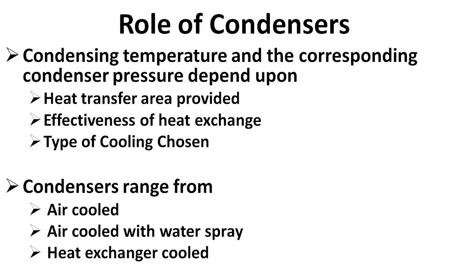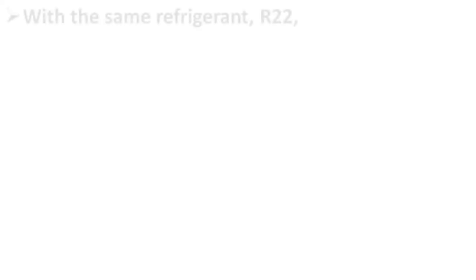The choices of condensers in practice range from air-cooled with water spray, and heat exchanger cooled. Generously sized shell and tube heat exchangers as condensers with good cooling tower operations help to operate with low discharge pressure values, and the TR capacity of the refrigeration plant also improves.